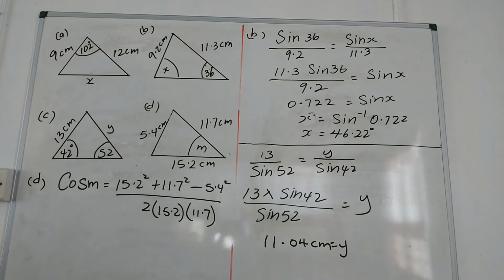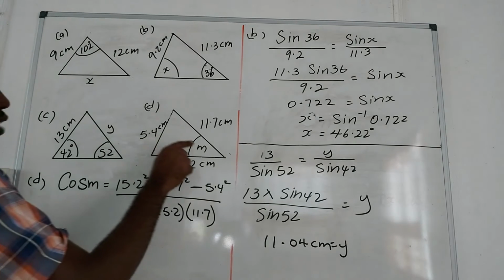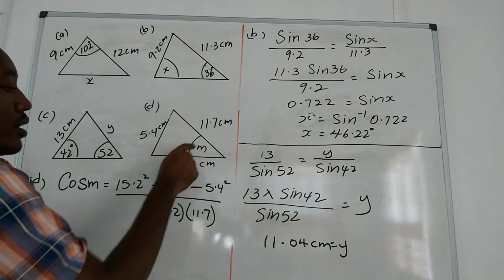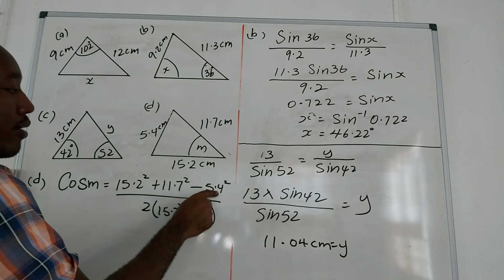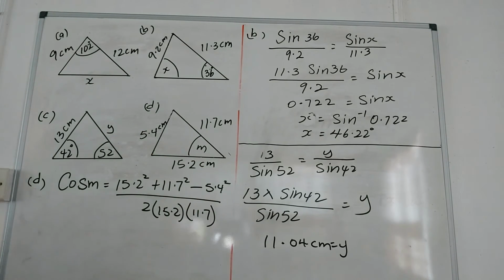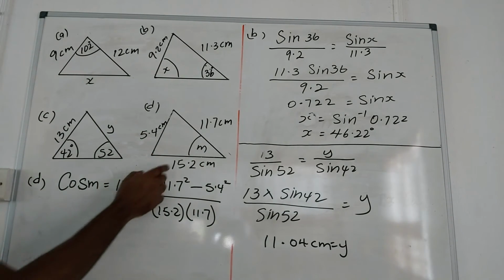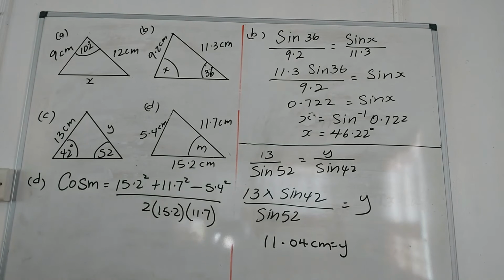If we need this angle, we subtract the square of the side opposite it, and then we add up the square of the other two sides.